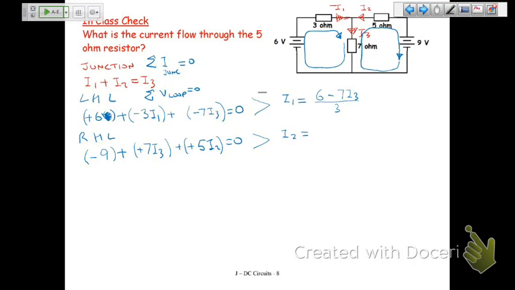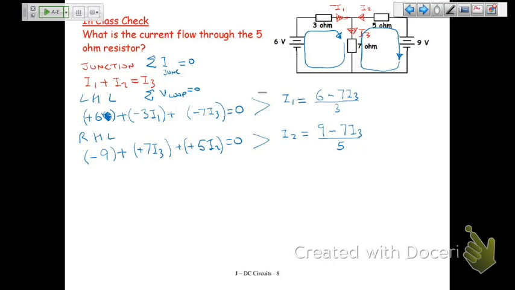Let's have a look. That's 6 I left alone, so that's positive. And I left my minus 7 I3 alone, and I moved that to the other side to make it positive. Yep. So then we have I2. Going to leave that alone. Going to move this stuff to the other side. So I'm going to say 9 minus 7 I3 over 5. Am I right on those two? Do you guys agree?